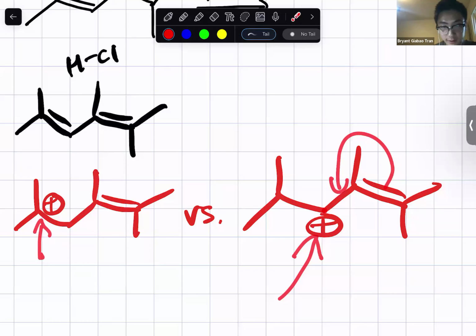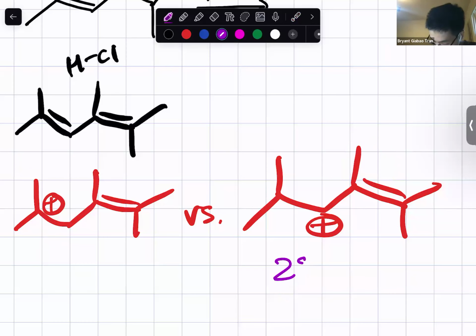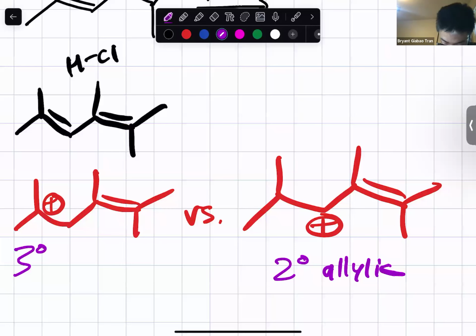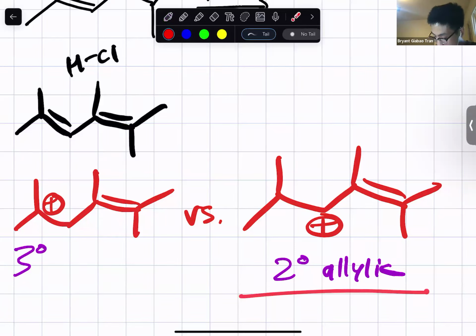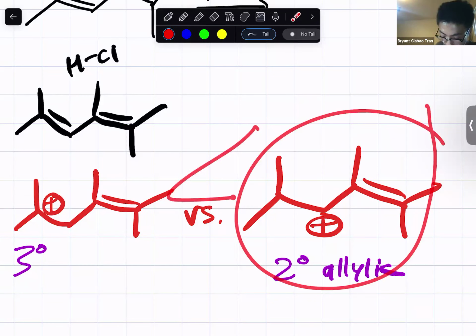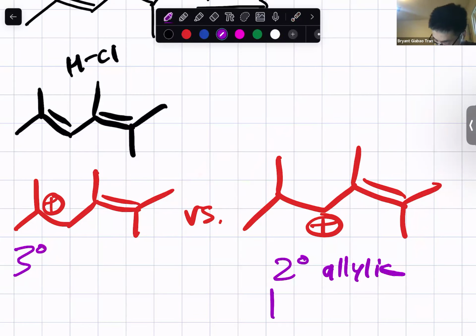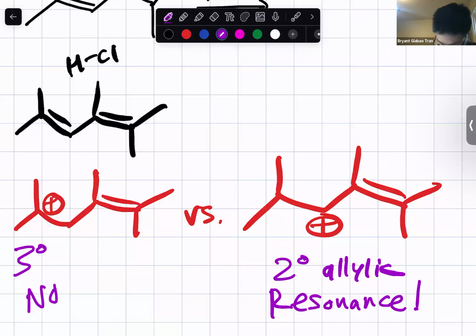It is allylic. This is a secondary allylic carbocation, whereas this is only a tertiary carbocation. This allylic here allows that carbocation to do resonance, which increases its stability. So this is actually the more stable carbocation than this one here because it can do resonance. This one can not do resonance.